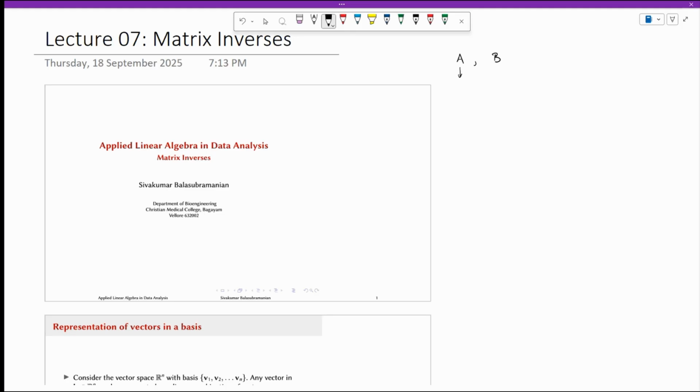If I say A is a matrix and B is its inverse, then what all can you say about A so far, from whatever we've learned? Square, yes, good. Square.